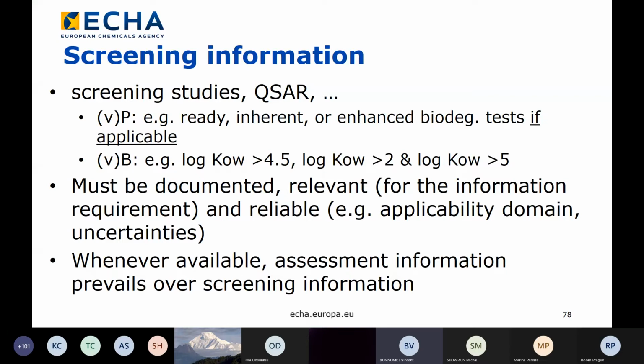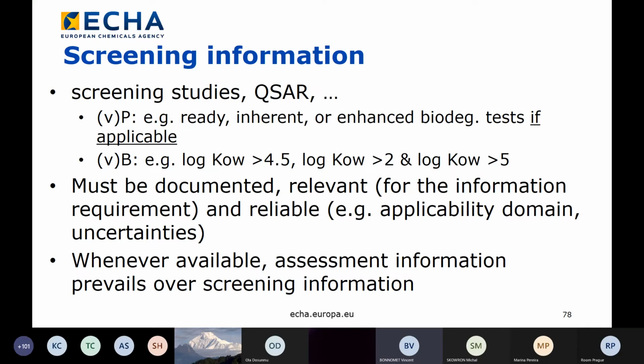But to keep it simple, let me focus on the most usual ones. For the persistence assessment, in most cases it's a screening biodegradability test, either ready, inherent, or enhanced biodegradability test, if they are applicable. And this is a big if for UVCBs, because it's really not the case that they can directly be used for UVCBs.